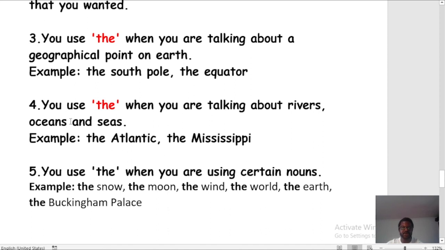When you're talking about oceans or seas, then we use what? The. So lastly, you use "the" with certain nouns. Example: the snow, the moon, the wind, the world, the earth, the Buckingham Palace.